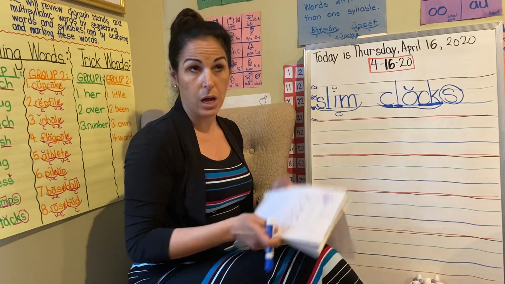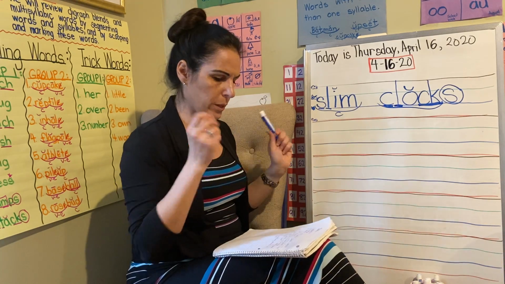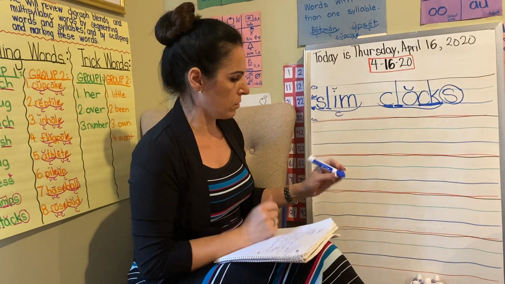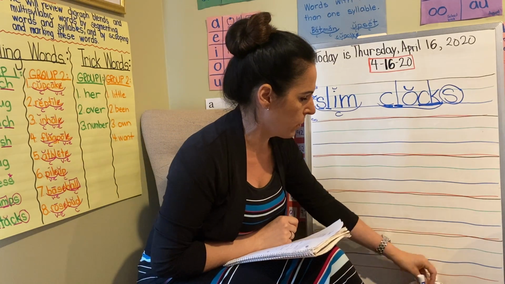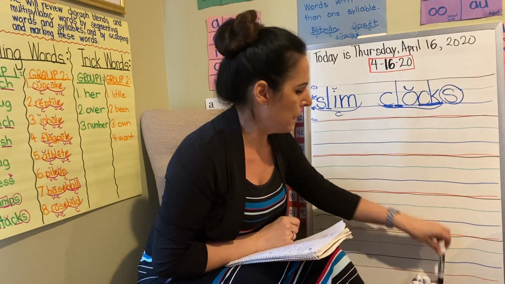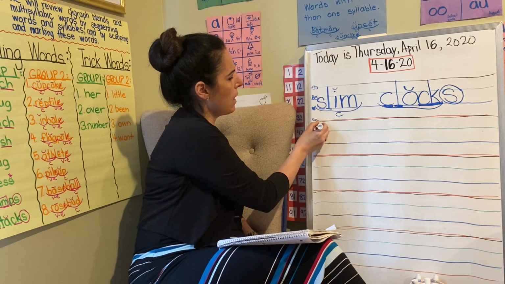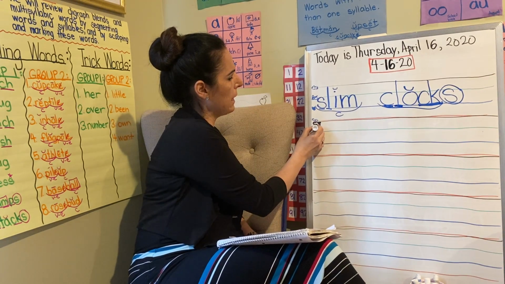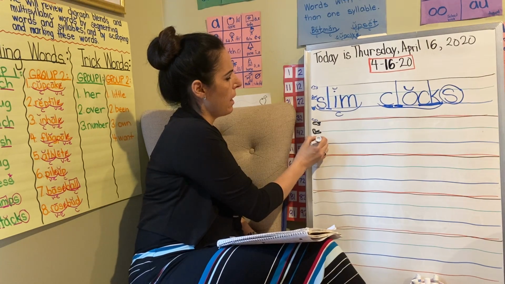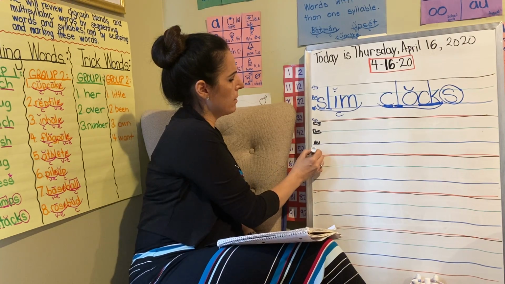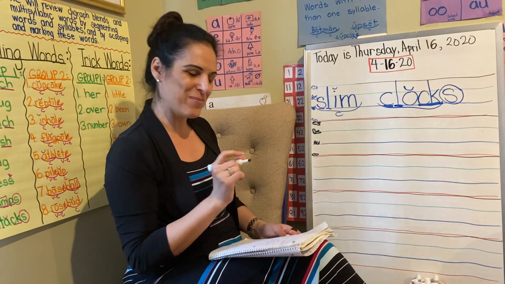We are going to move on, and we are going to learn the trick words. Let's choose a different color for our trick words. Let's choose black. I like the black. And again, let's do our skyline, our plane line, our grass line, and our worm line. Here we go. Okay.